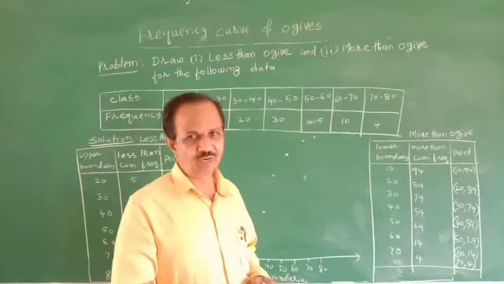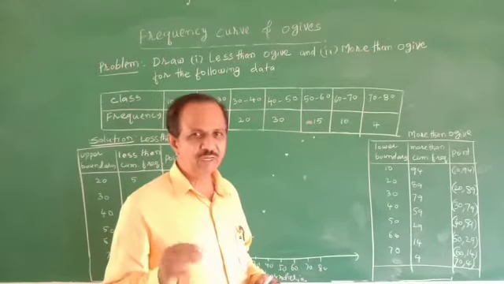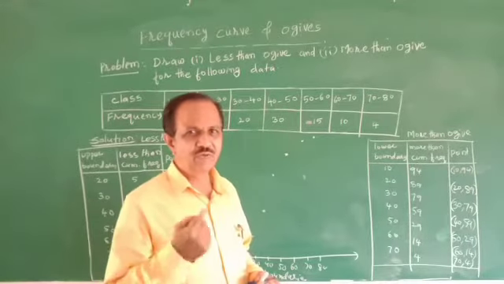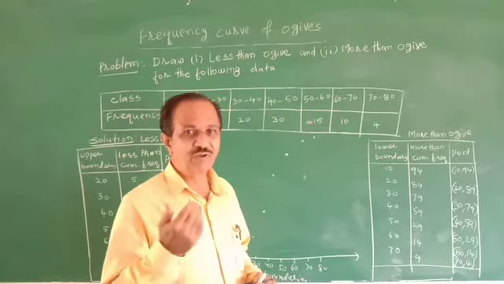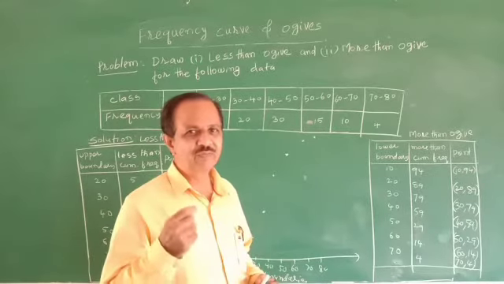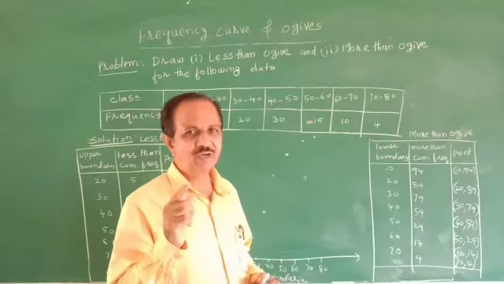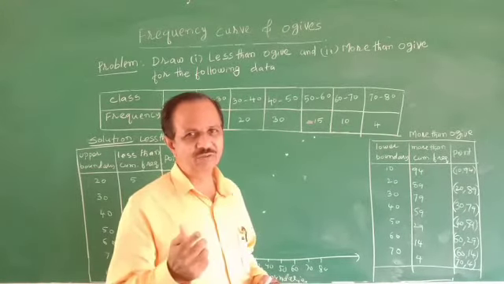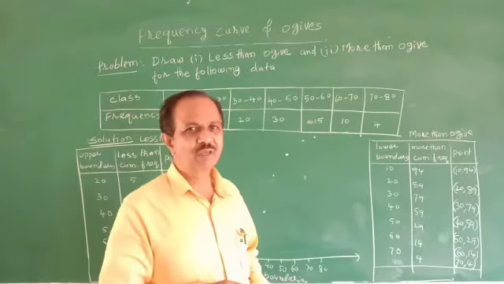Now, frequency curve. Frequency curve is nothing but a frequency polygon with one small modification. If you draw the frequencies against the midpoints of the class intervals and join those points not with the help of a scale but by a smooth hand curve, that curve is known as a frequency curve.